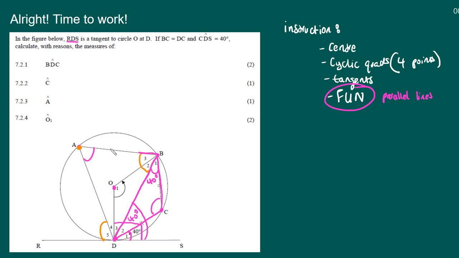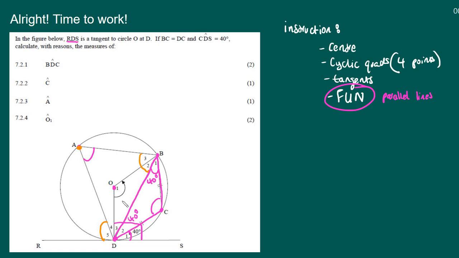Then check the angle formed by DB at the circumference. It should tell you that this whole angle BDS should be equal to this angle A. But sometimes you don't need all of the theorems, you just need specific ones. You must identify them strategically.